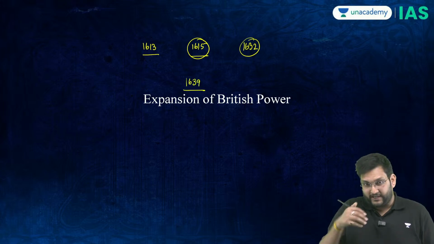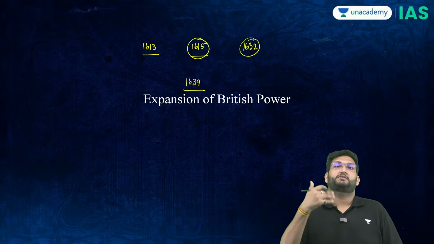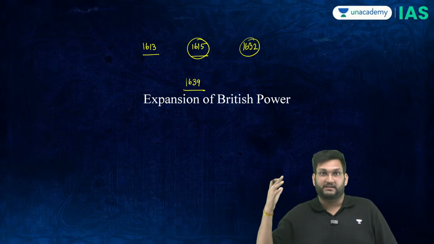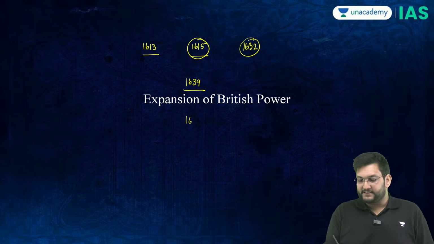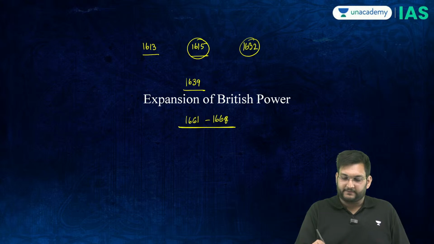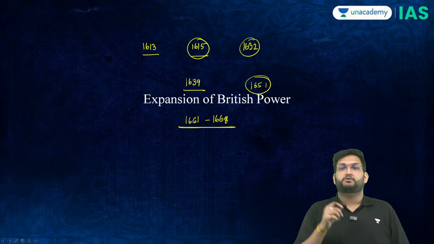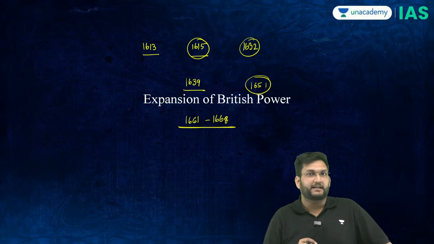1639 is something I'm again trying to give you the backstory, which is in 1639 they will get the Chandragiri Farman or the Chandragiri concession, in which they will establish Madras, move away from Machilipatnam in that regard. And by 1661 and 1668 they were able to establish themselves in Bombay. In between, in 1651 they will be given what is called the Shah Shuja Farman, very important, which will allow them to then expand into the Calcutta sector.